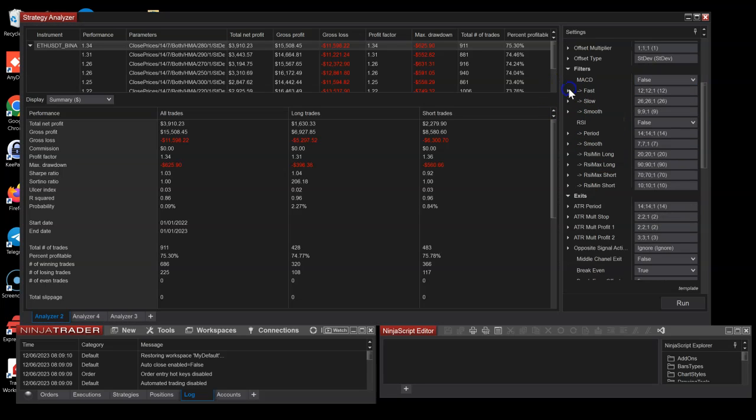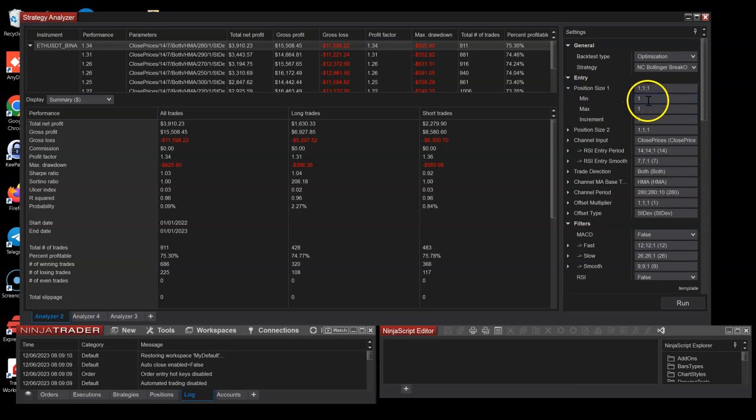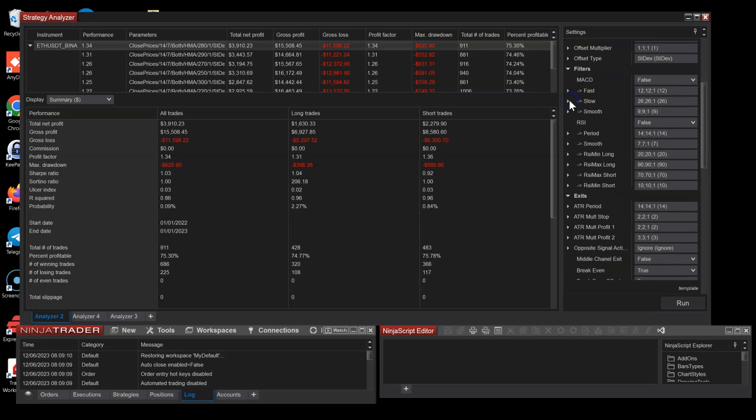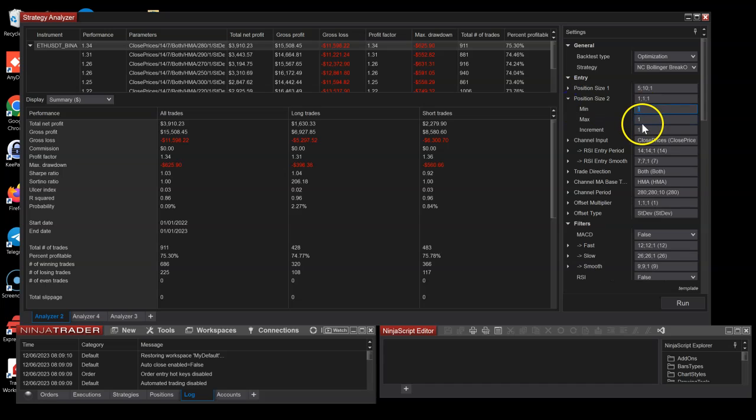Okay, so now I'm going to optimize position size, and I'm going to have this go for a minimum of 5, a maximum of 10, and this, I'm not sure, I don't think this is the best. So this is going to be the minimum of 10 and the maximum of 15. Okay, or even 7.